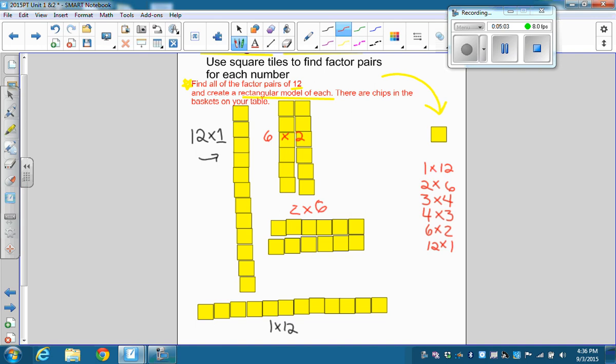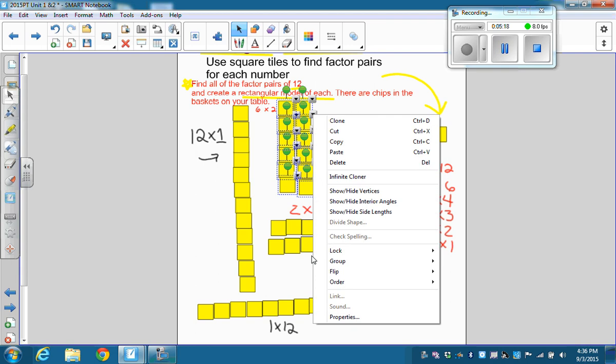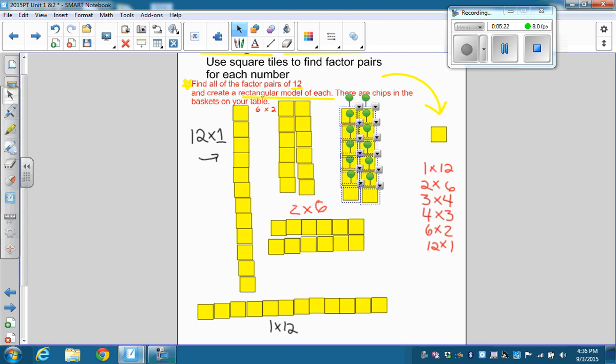So is that all of them? No, it's not, right? So now we have to do this again. Let's do my numbers. Move that over here. And we'll clone this one. So I'm basically taking out chips over and over, right? So, Alcy, what do I have to make now? A 4 by 3. Or either, right?